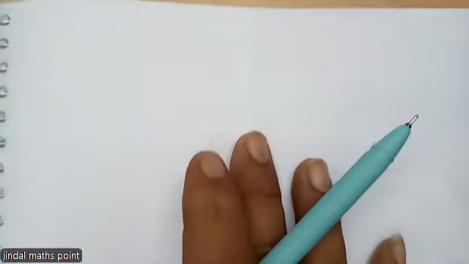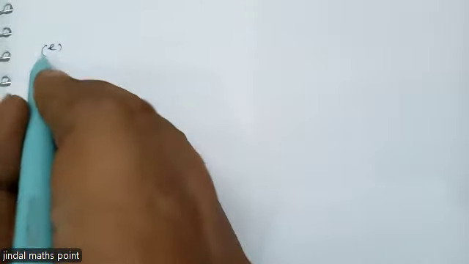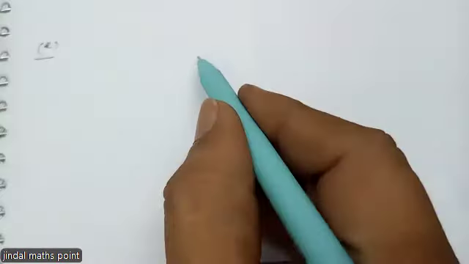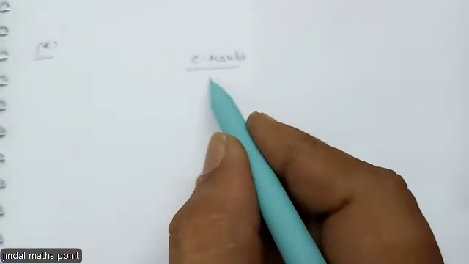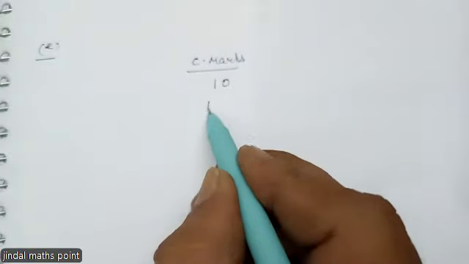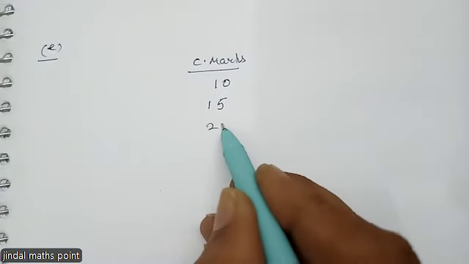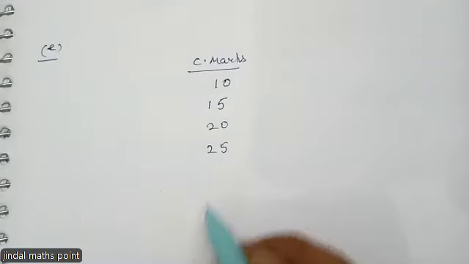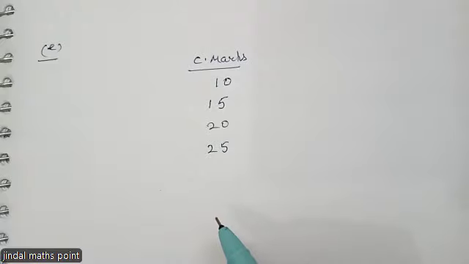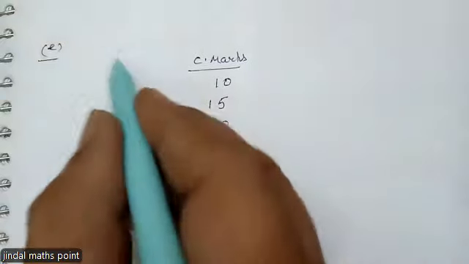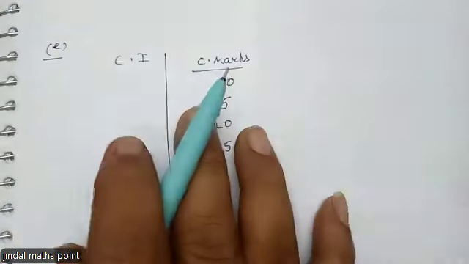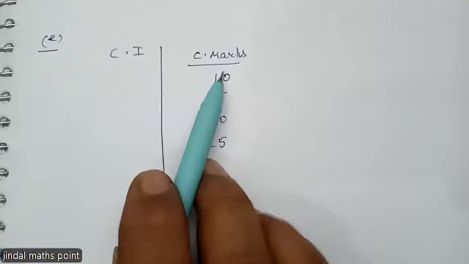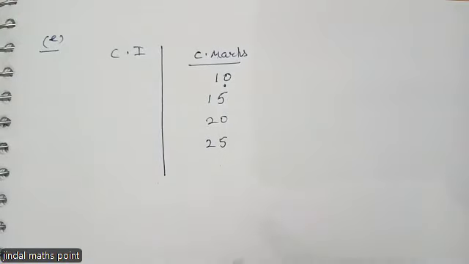Now we'll reach the E part. The class marks of a distribution are given: 10, 15, 20, 25, and so on. The class corresponding to class mark 15. Now here we have to find the class interval from these class marks.